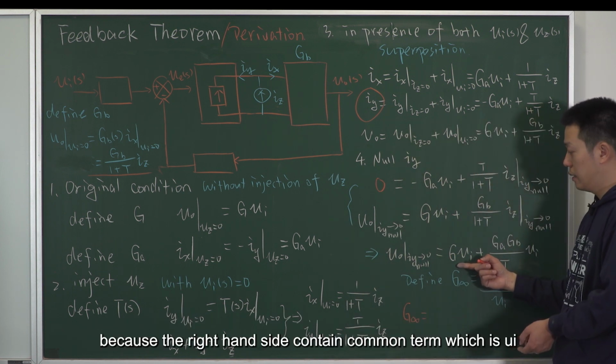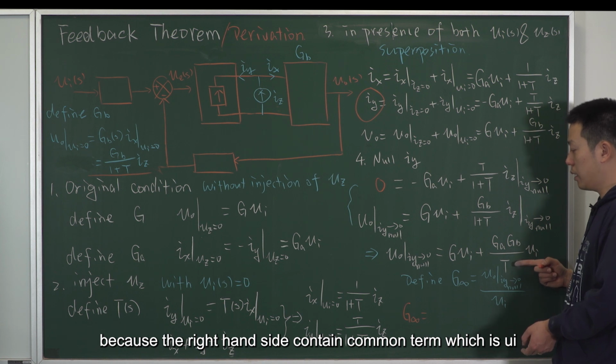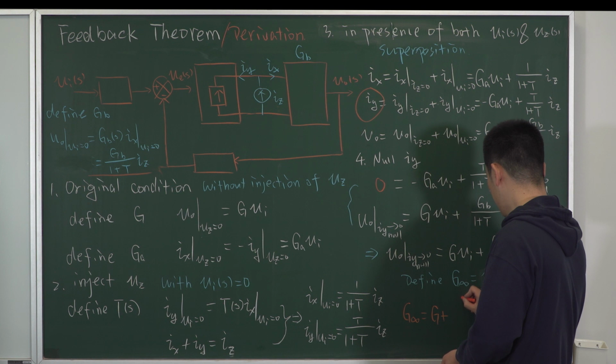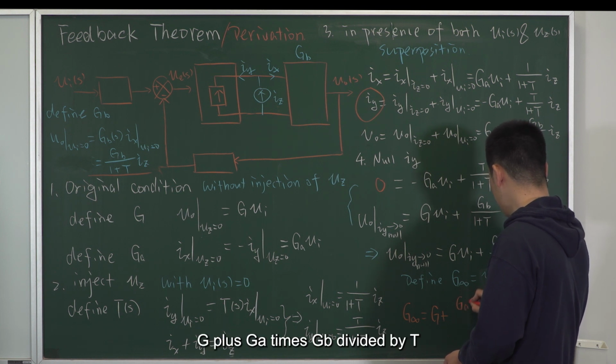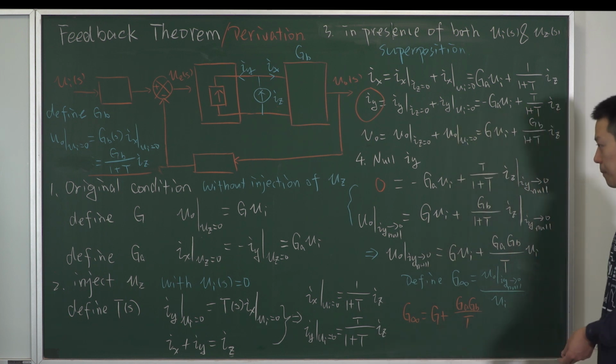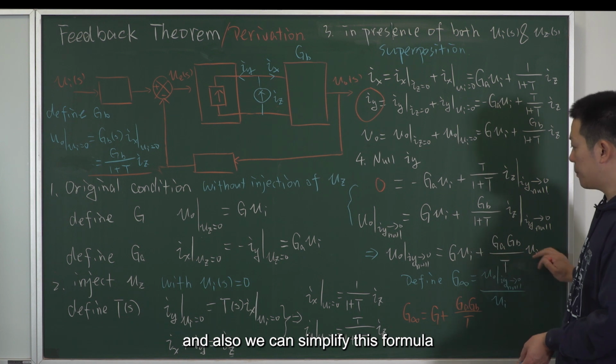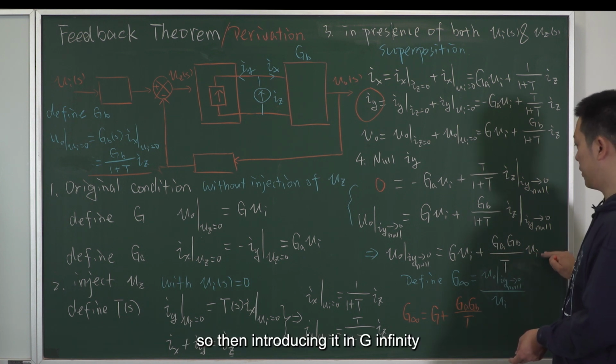Because the right-hand side contains a common term, which is Ui: G plus Ga times Gb divided by T. And also, we can simplify this formula, right?